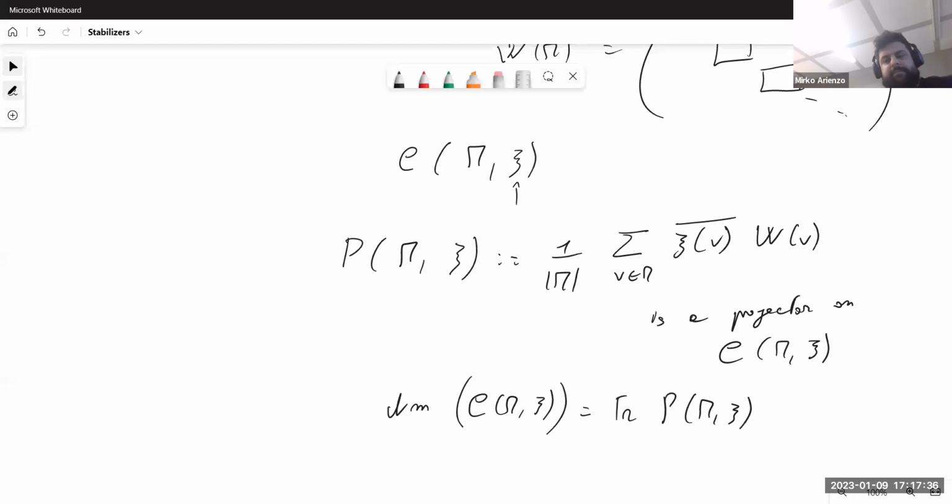This trace is actually easy to evaluate because all the Weyl operators are traceless, except the identity. Just think of the qubit: X, Z, and Y are all traceless, and only the identity has nonzero trace.